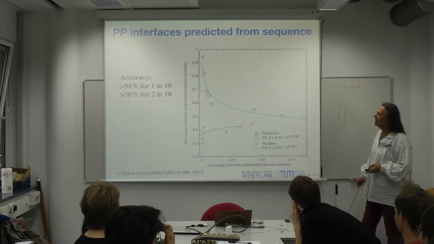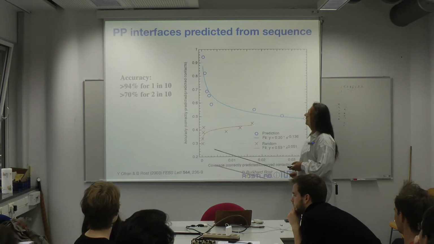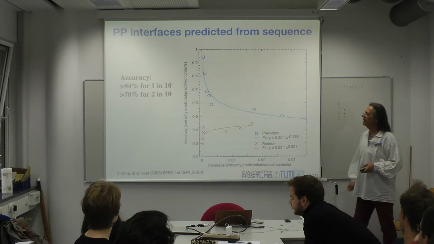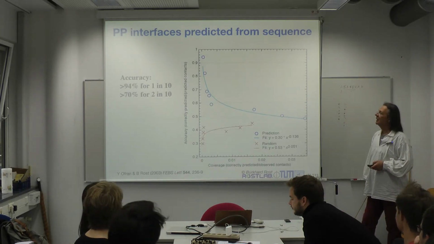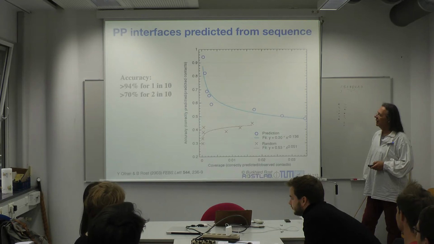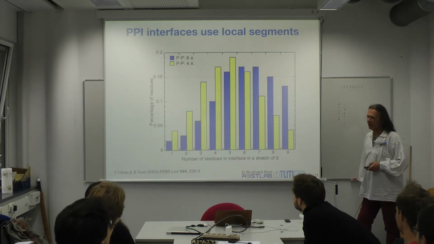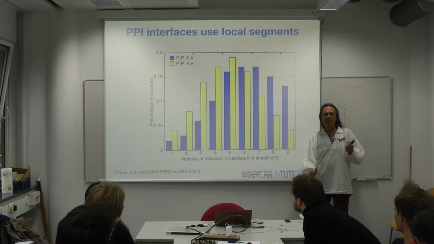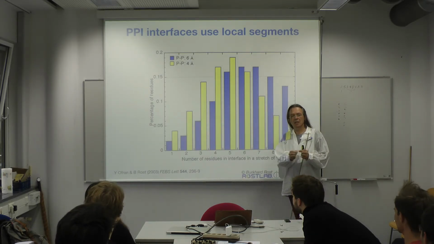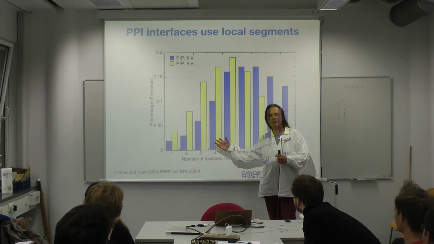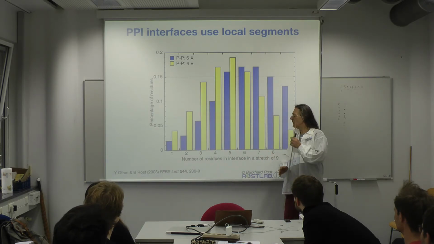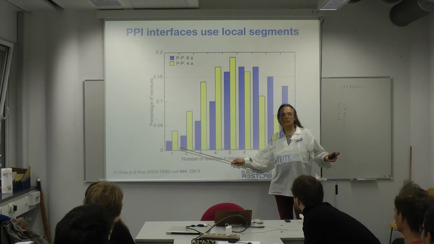And here's another statement. For 1 in 10, at least, we get 94%. This may not be too bad. And now, since we know that protein interface residues are somehow clustering adjacent, we could apply that as a filter. So we could now say, okay, we're going to throw everything out where we have single peaks, so where in a window of 9, I have only 1 or 2.